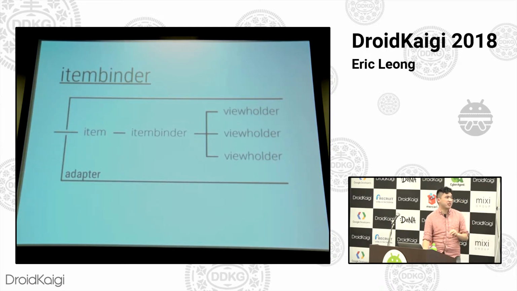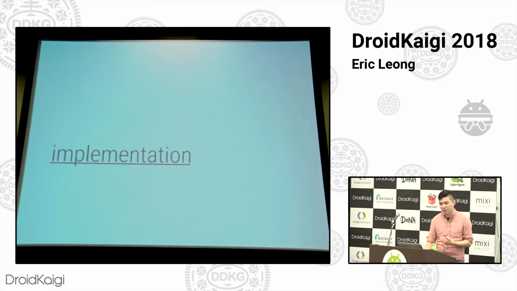The important thing here is that the decomposition is happening inside the adapter, which means that the adapter knows about the relationship between the view holders and individual items. So if you want to do some sort of deletion or addition of new items, it can be done inside the adapter, but there has to be a lot more code to handle that. So that's what we're going to talk about next, the implementation.